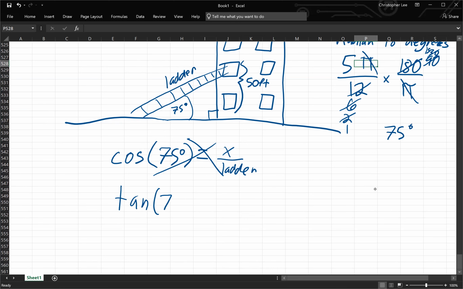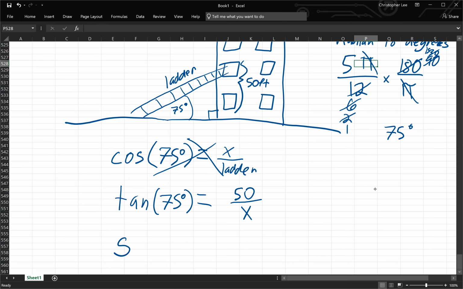So tan 75 degrees is equal to what? Tan is opposite over adjacent. So what is it? 50 over X, right? That's not what I need though. 50 is the height of the window. That was given to us in the problem. All right, so give me another one.